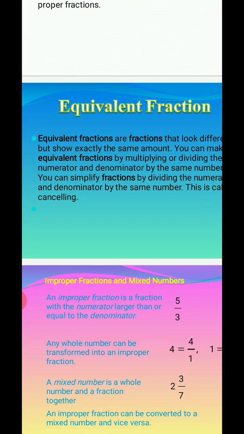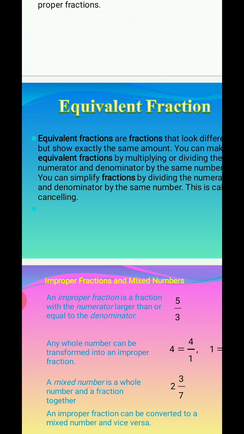Improper fraction, I already told you, is a fraction with the numerator larger than or equal to the denominator. Any whole number can be transferred into an improper fraction. How can we transfer it?